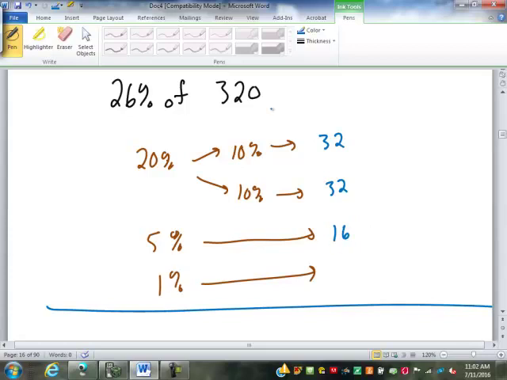Then 1% of the 320 is 3.2. I can add that up to get 83.2, sound right?